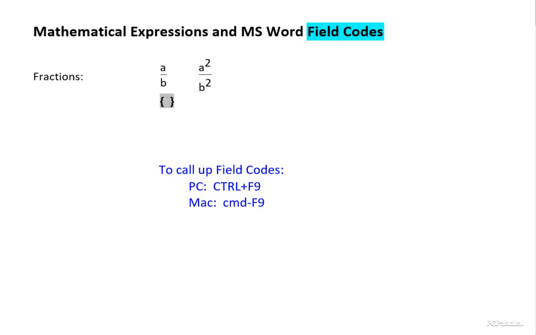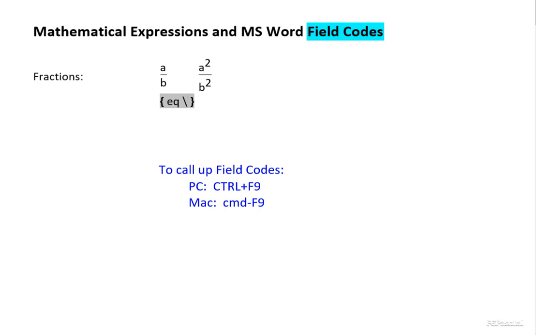These are special brackets. For the first example of a mathematical expression, the fraction a over b, we make sure that the cursor is inside the brackets. We type EQ, space, and backslash. The field code of every mathematical expression starts this way.